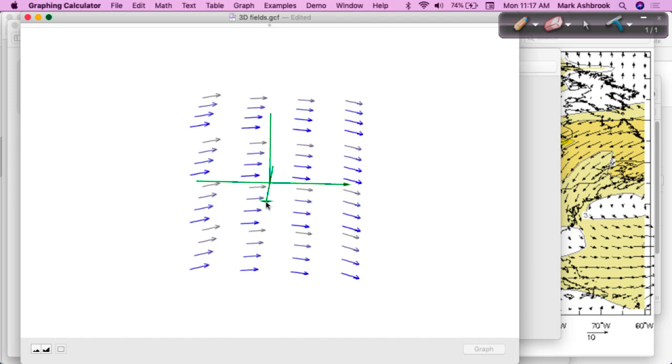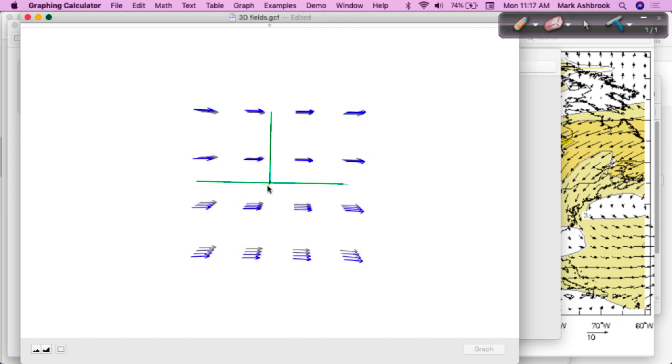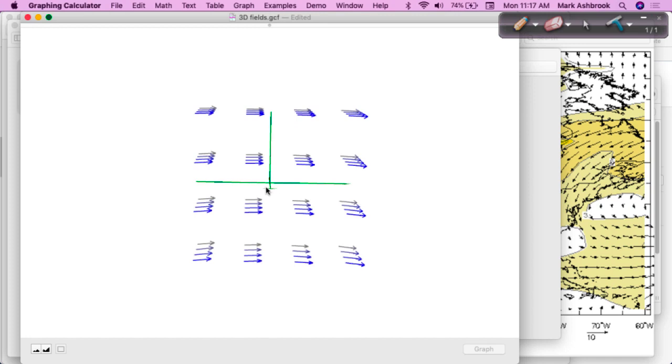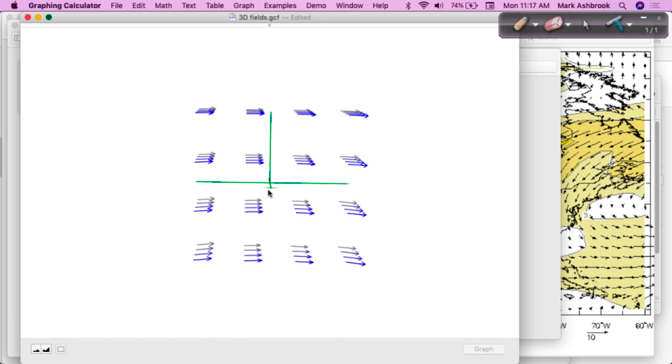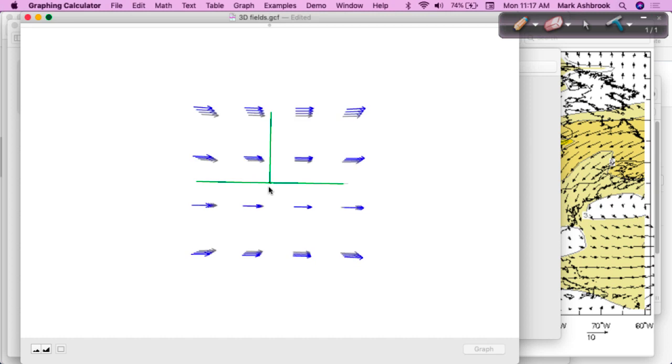So I'll give you some different views here, okay? So there's the YZ plane. That's looking at the YZ plane. It's the same options, right?